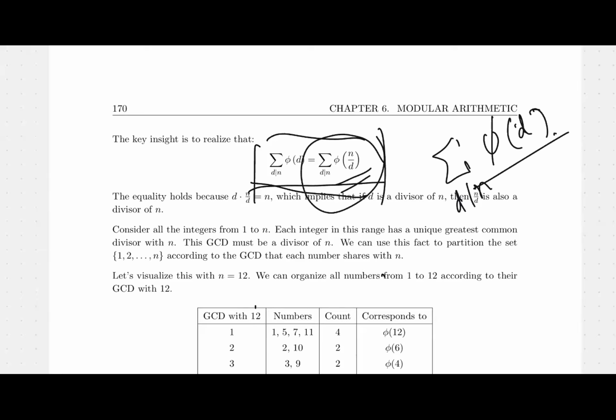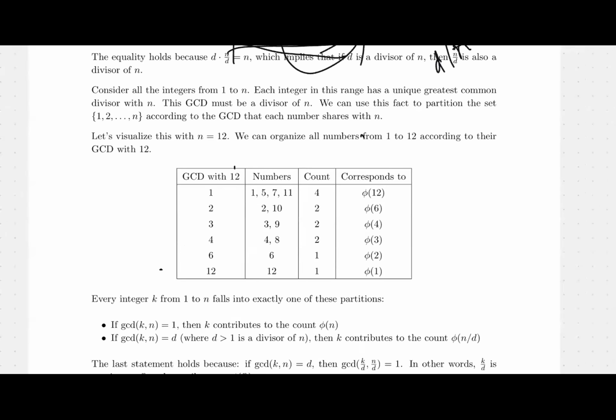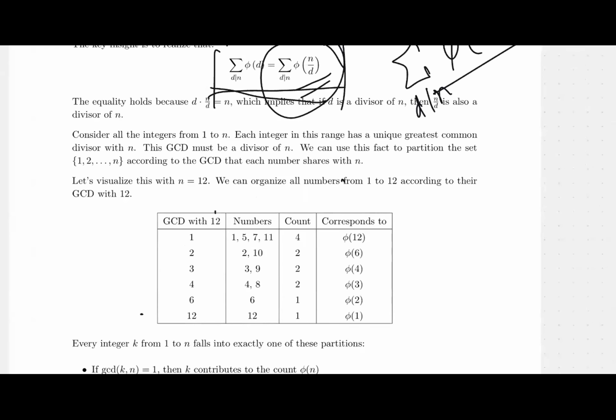Now let's come to this. We are interested in the sum over all the divisors of 12, which means this.